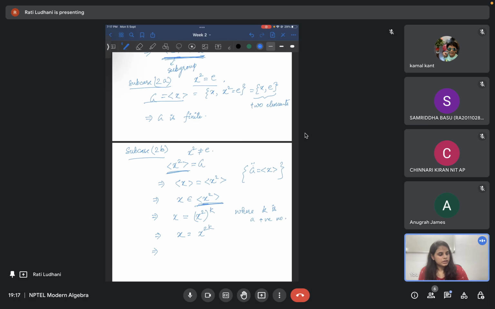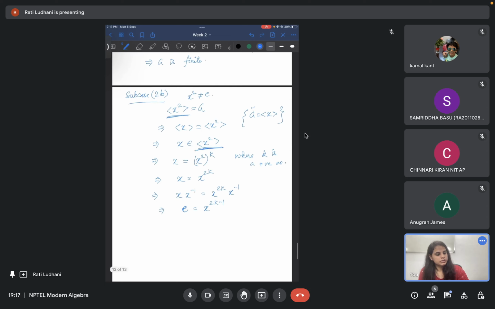Now you multiply by x inverse. You will get identity, this you will get x raised to power 2k minus 1. So this implies this set, which is actually G, where we began.